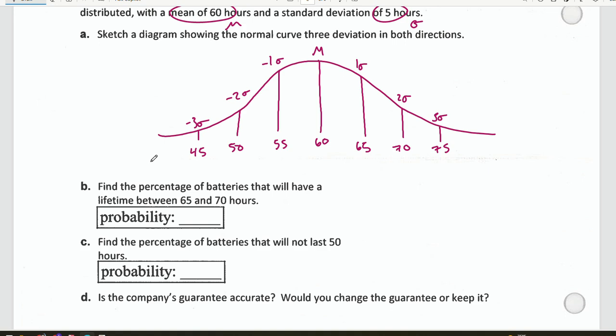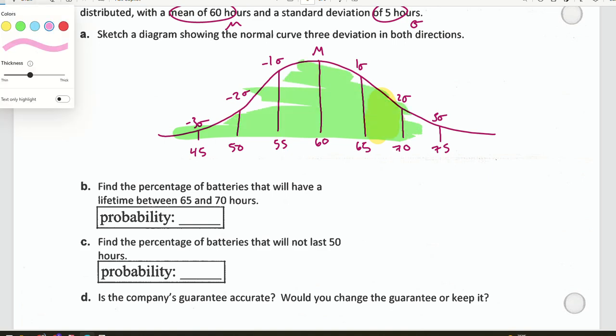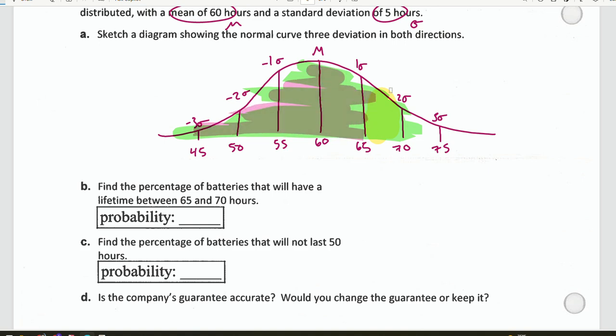So find the percentage of batteries that will have a lifetime between 65 and 70 hours. So essentially, what happened there? This percentage. So how we're going to do it, we're going to find the area under 70, and then we're going to find the area under 65 and find the difference, because then we're just left with that gap.